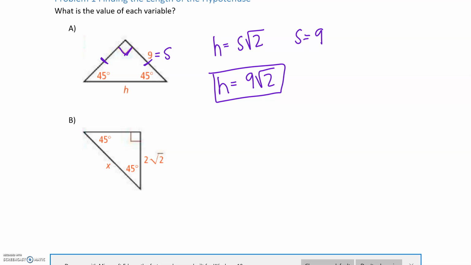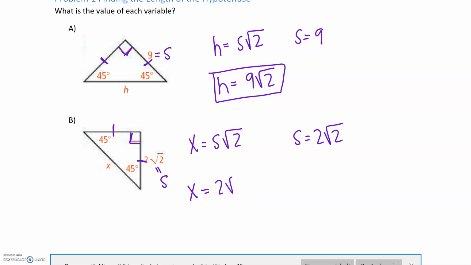Okay, so if we come down here, we still know that since this is our right angle, these two sides are our legs. So if we know that x is going to be S square roots of 2, and we know that this 2 square roots of 2 is going to be our S, we're going to plug our S into this equation.